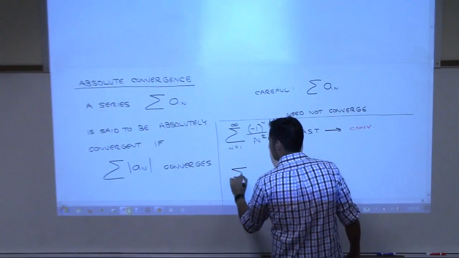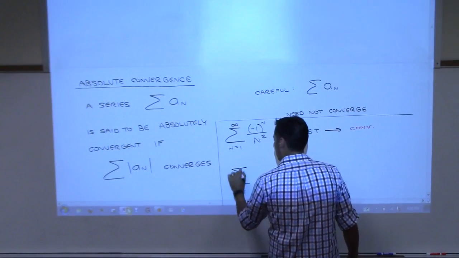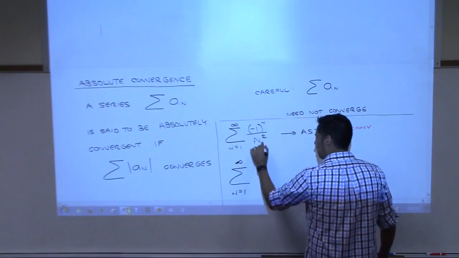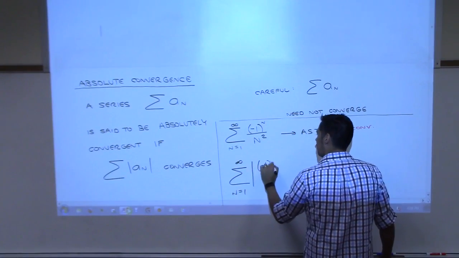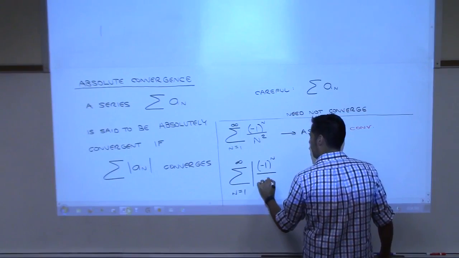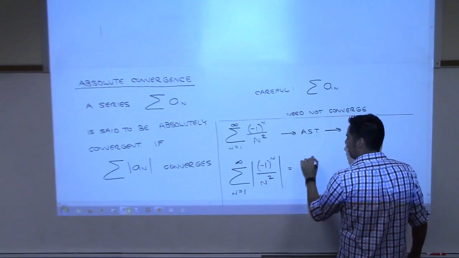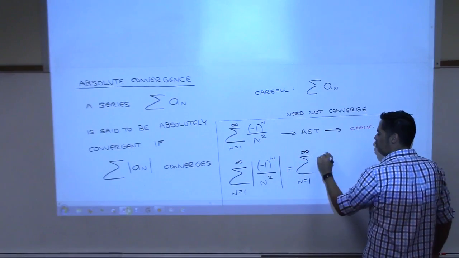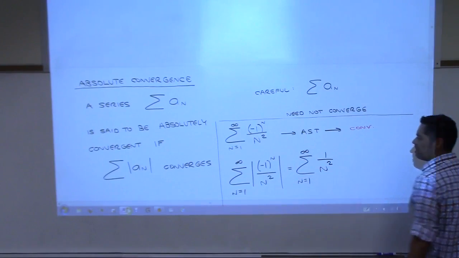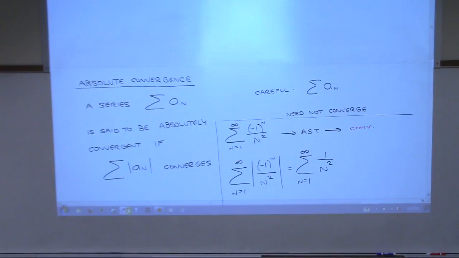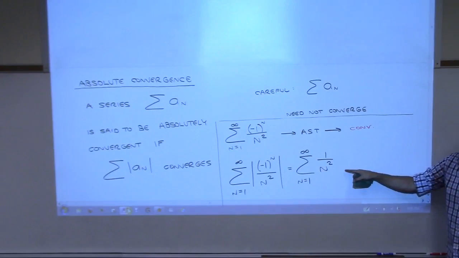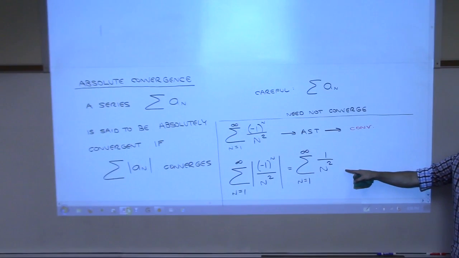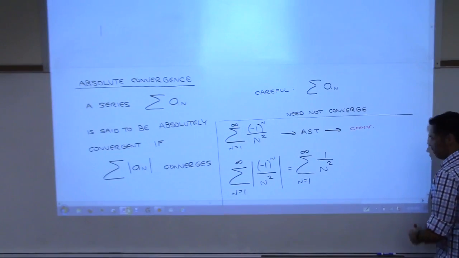If you take the absolute value of that, then that negative 1 doesn't matter anymore, and that just becomes a 1 over n squared. What type of series is this? P series. This is a P series with P being 2, and it will converge. This one also converges.